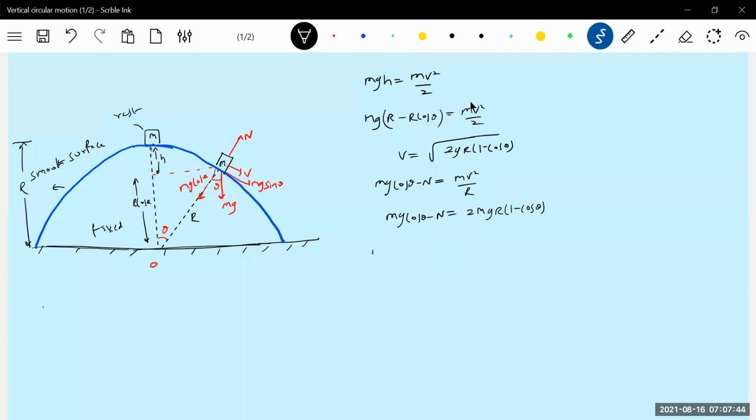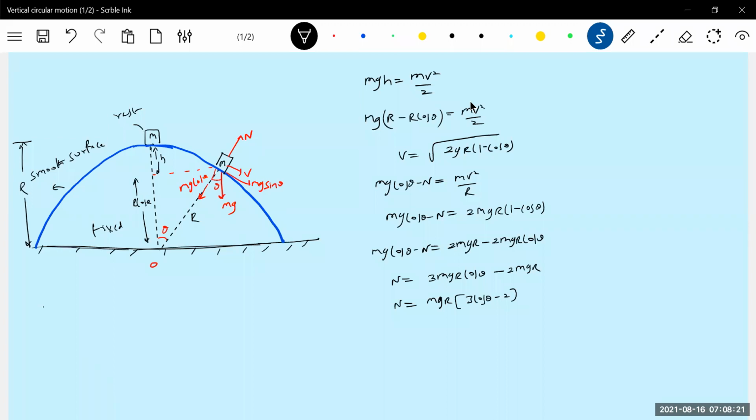One more step will simplify. mg cos theta minus N equals 2mg (1 minus cos theta). N is equal to 3mg cos theta minus 2mg. Or this mg, let me take outside. Okay, we have this expression for normal contact as a function of theta.